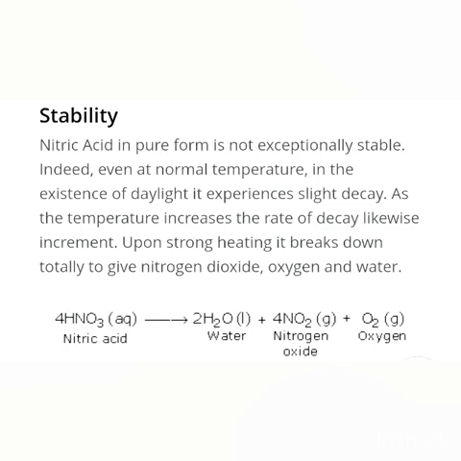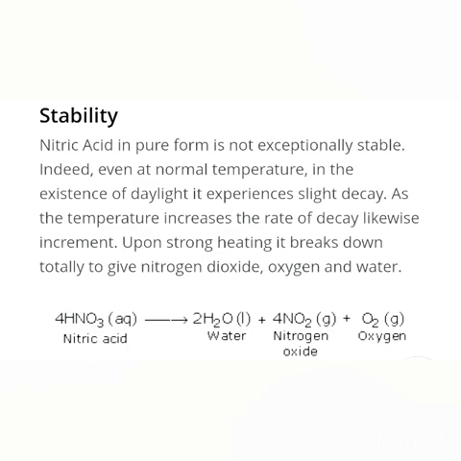Upon strong heating, it decomposes completely to give nitrogen dioxide, oxygen, and water. The nitrogen dioxide, which is reddish brown in color, may dissolve in undecomposed acid to give it a yellowish brown shade. You can see the reaction.